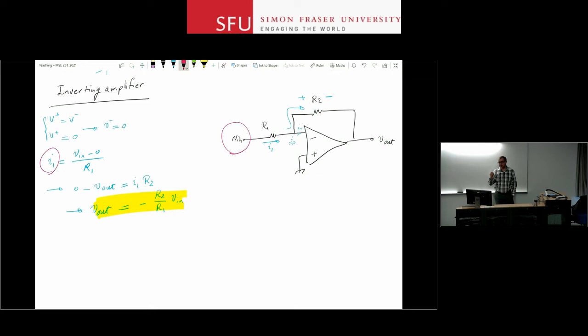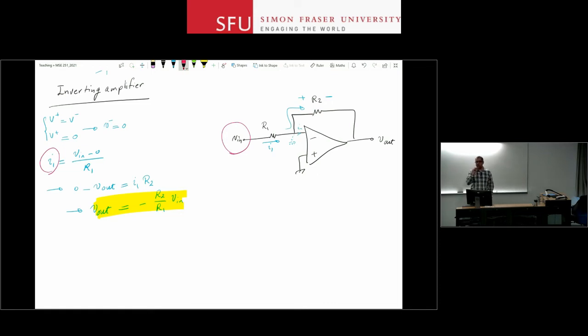So what this circuit did is convert the input voltage into a current. And then because the op-amp doesn't take any current, we rerouted the current through R2, and Ohm's law let us create a V out that is proportional to R2, and because I1 is proportional to 1 over R1, we got an output signal that is proportional to the 2 resistors.